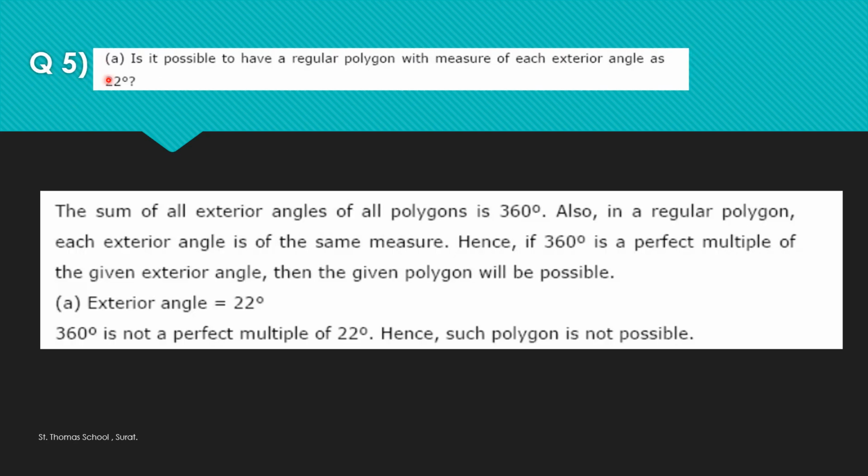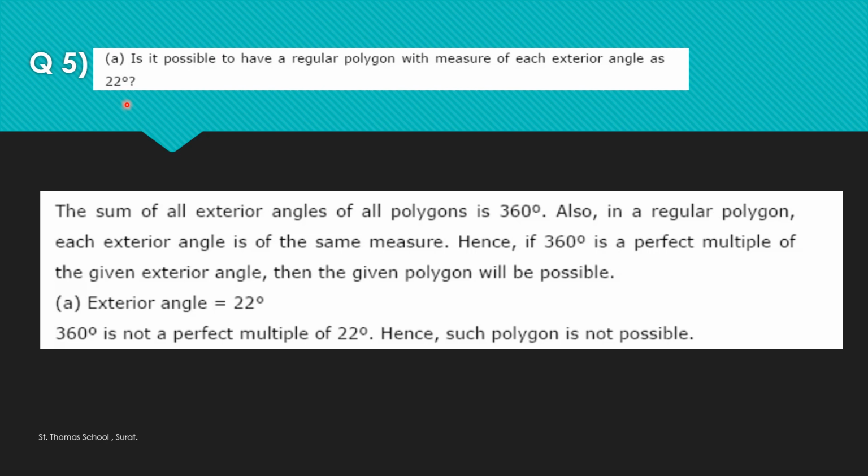Question number 5. A. Is it possible to have a regular polygon with the measure of each exterior angle as 22 degrees? So the question is, can a regular polygon have each exterior angle 22 degrees? Clear?